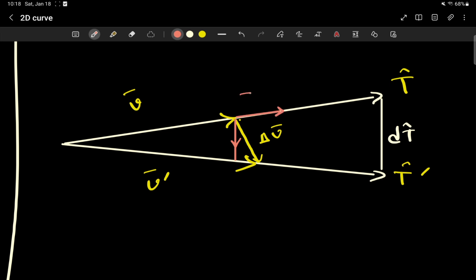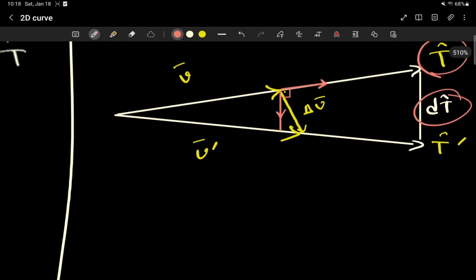And as we've already told you, this is the direction of the t vector, and this is the direction of the dt vector scaled by something, but it is still perpendicular. So we are resolving this vector into two perpendicular components, one of which goes to dt, and another part of the change in velocity vector goes to the unit tangent vector direction. So there are two components.